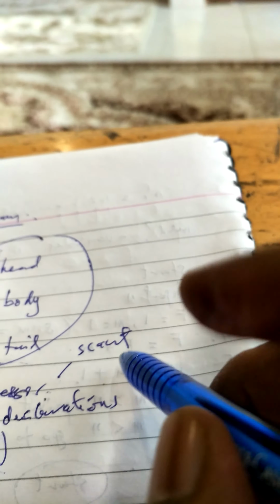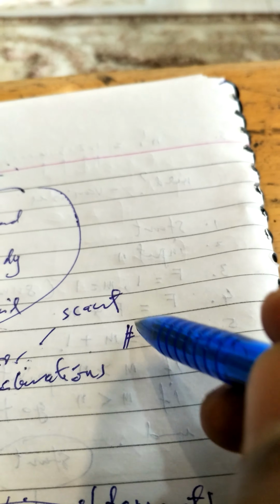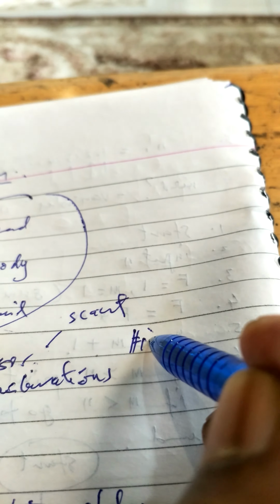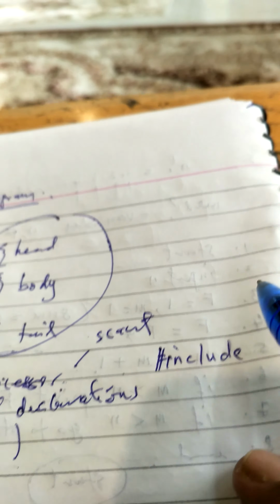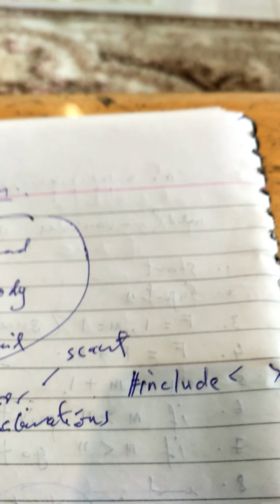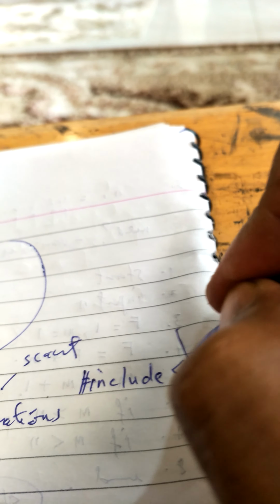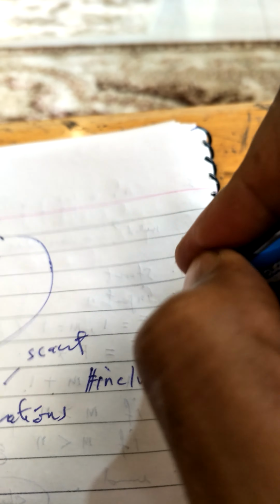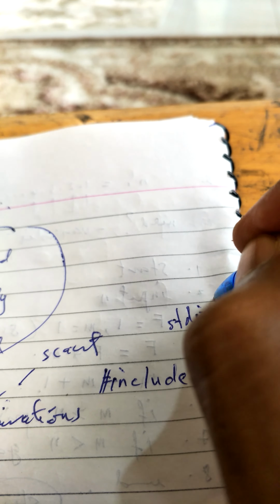How to write it for the input output: we have this symbol, hash, include, without space, and we need the angle brackets, and inside there is stdio.h.